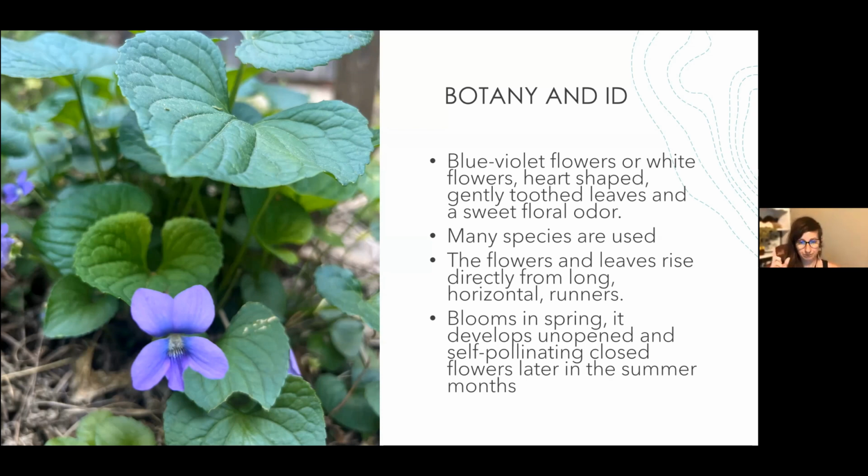Later in the summer, they develop an unopened, self-pollinating closed green flower. And don't eat those. The seeds and the roots are strongly emetic, so they will make you puke. It's very unpleasant. I have not done it myself, but I have witnessed it.